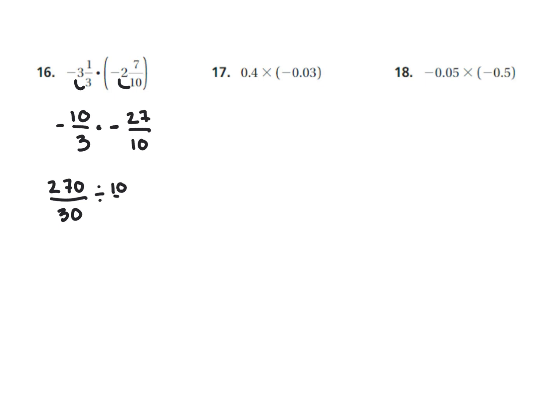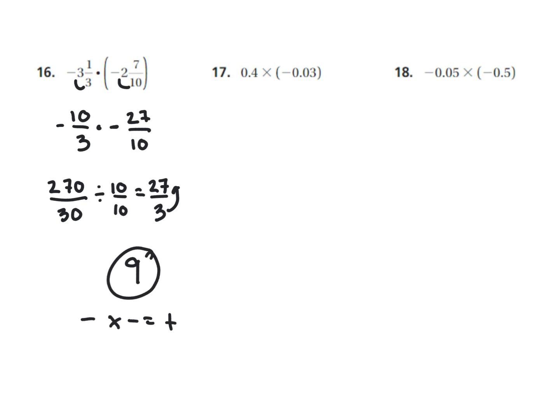We can simplify. We could divide by 10 over 10 and get 27 thirds. And then we can see that 3 goes into 27 9 times, so it's just 9. And a negative times a negative is a positive.